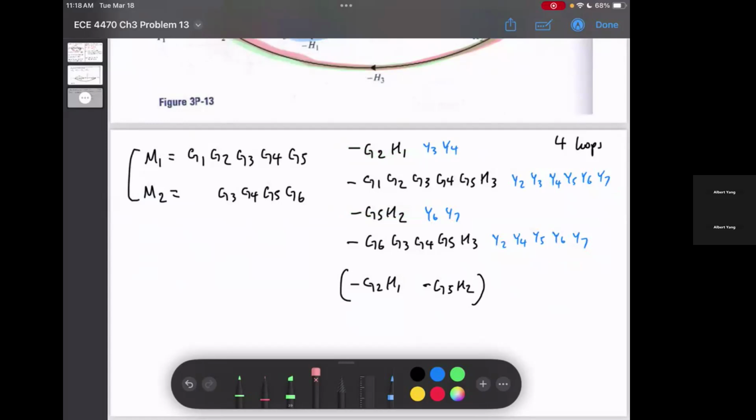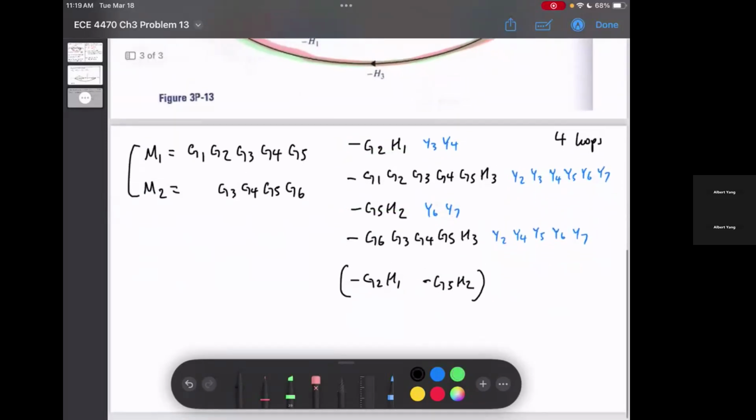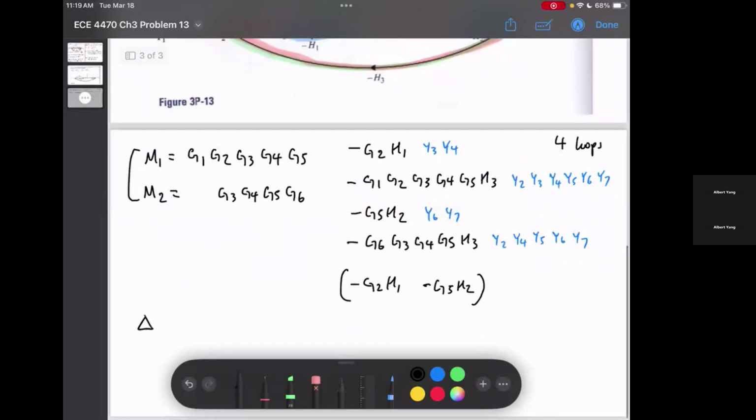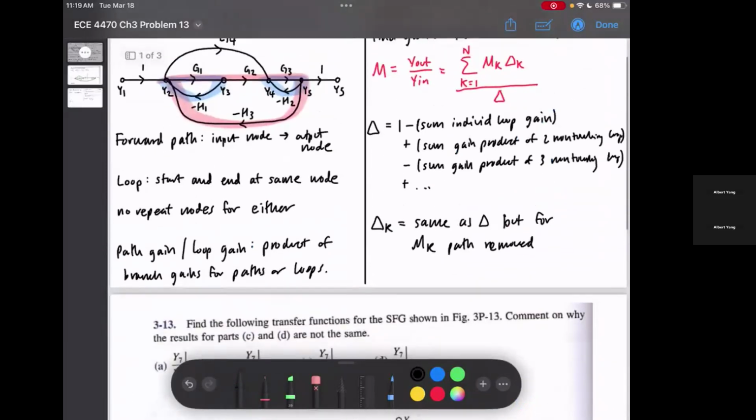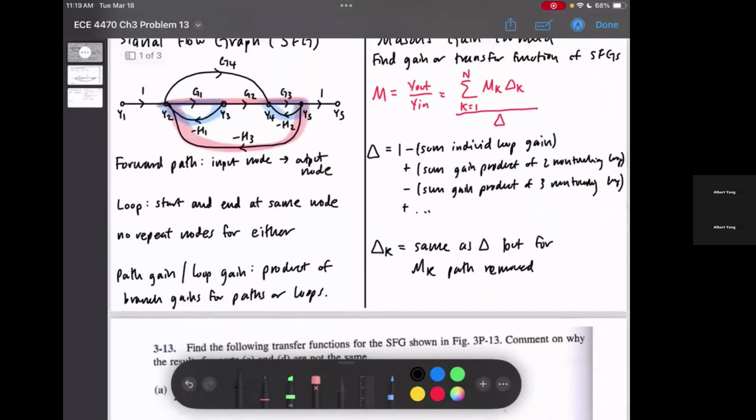Then when we do the determinant, let's go back to our formula. It says 1 minus the sum of individual loop gains.